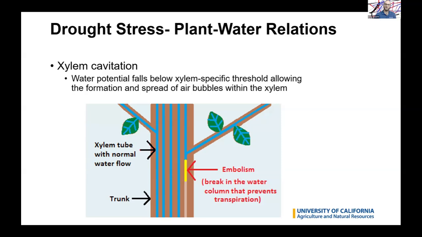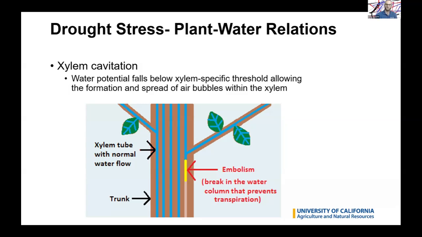So what happens under extreme drought conditions is the water potential in the xylem falls below a specific threshold and it starts to take in air into the xylem. All these air bubbles essentially form an embolism in the xylem. And now the xylem can no longer take up water and provide that water to the rest of the tree.